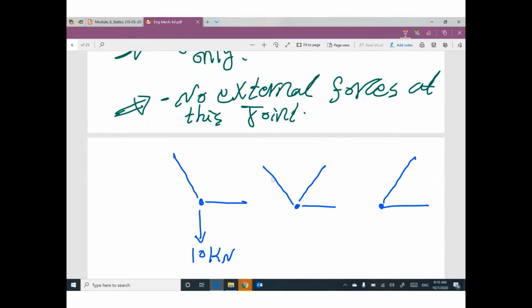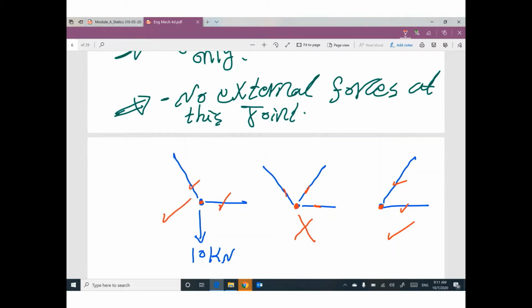Do you think this joint has two members only? Yes, I think. This one and this one. So this joint is still working. Do you think this joint has two members only? No. We have 1, 2, 3. So this one is rejected. Do you think this joint has two members only? Yes, I think. This one and this one. So this joint is still working.